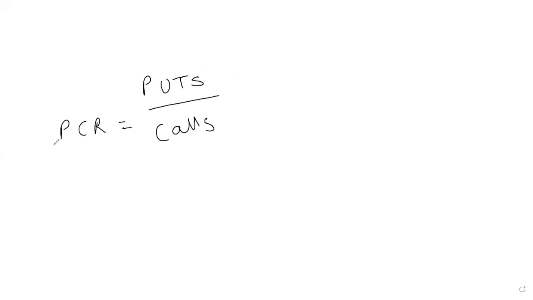What this indicator does is it divides the total put open interest on the entire option chain by the total call open interest. So it gives us a value which we will be using to gauge the sentiments of the market.